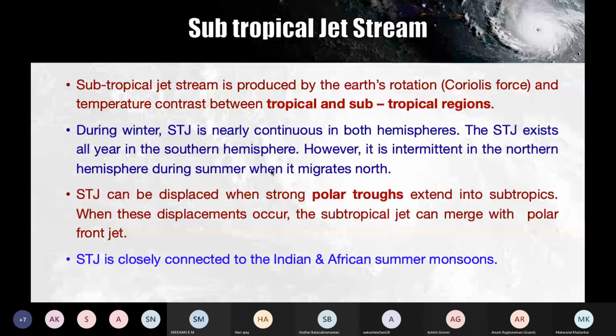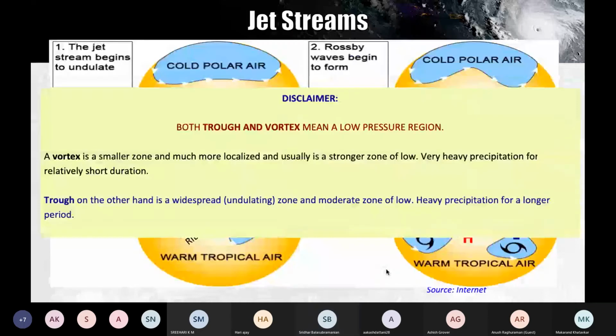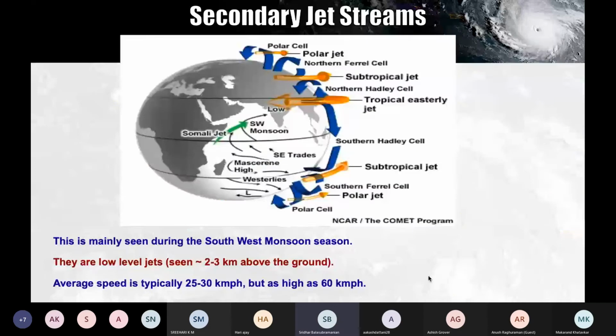The subtropical jet stream, STJ, is closely connected to the Indian and African monsoon. Unless this subtropical jet stream moves up north, and this is its position during summertime, the monsoon is not able to penetrate.